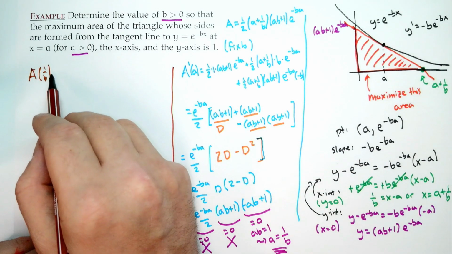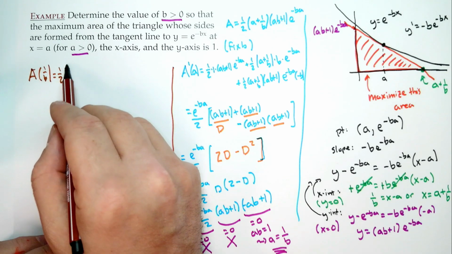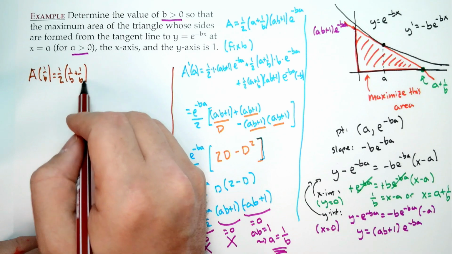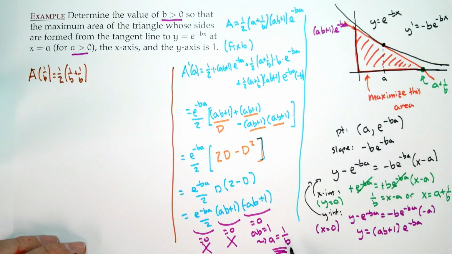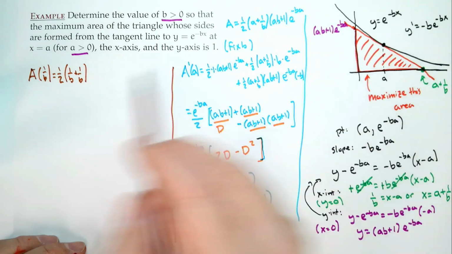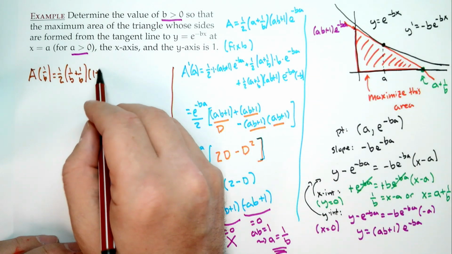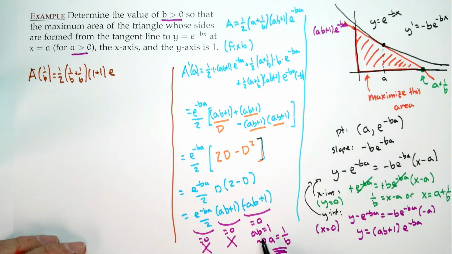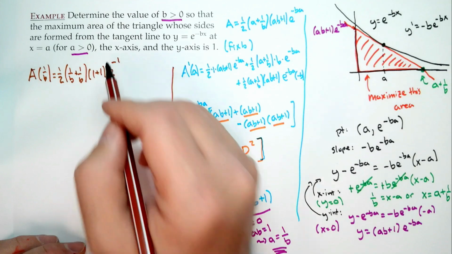So we're going to get 1/2 times 1 over b plus 1 over b. And now a is 1 over b, so 1 over b times b is 1, plus 1. So we're going to get 1 plus 1. And we're going to get e, and here, again, ab equals 1, e to the minus 1.